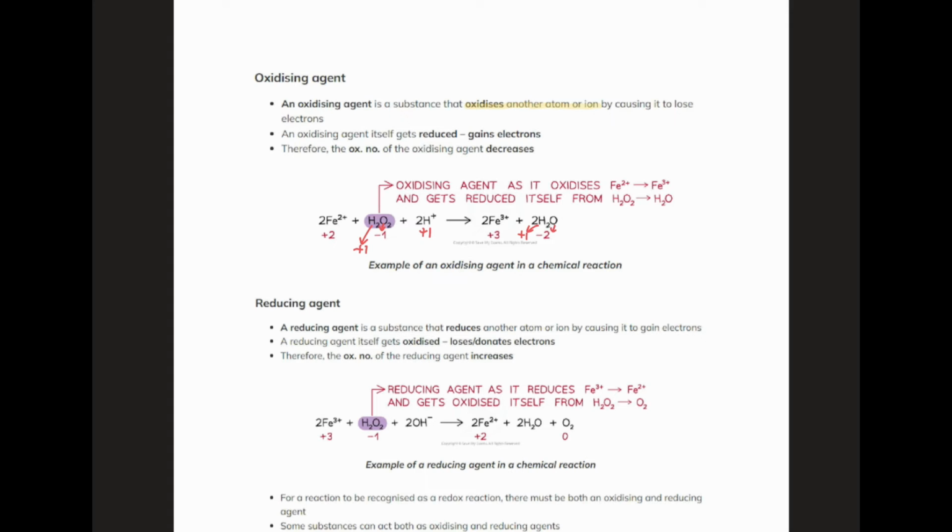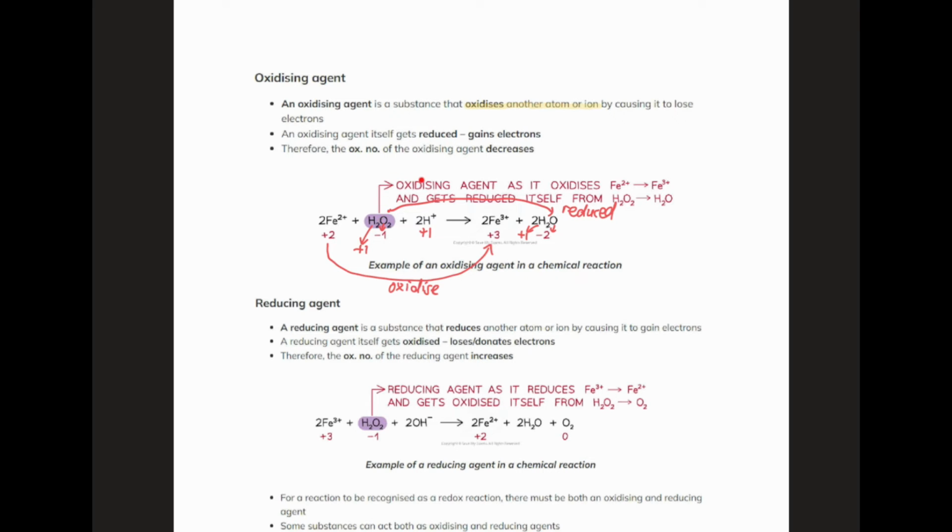Okay, so the one that is oxidized here is this one. This is oxidized. And the oxygen is reduced. This to this is reduced. And hence, the one that is reduced is the oxidizing agent. So this is the oxidizing agent.